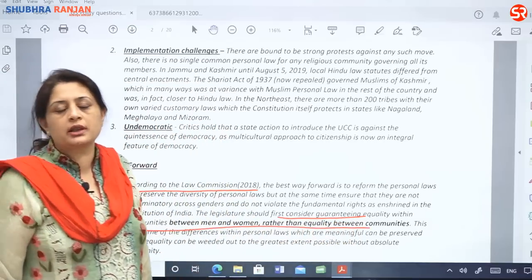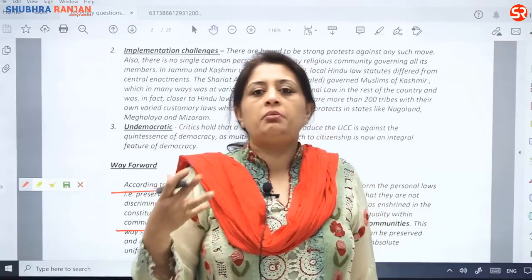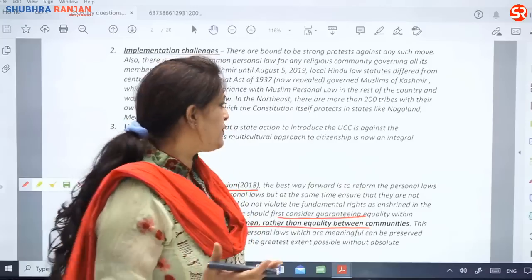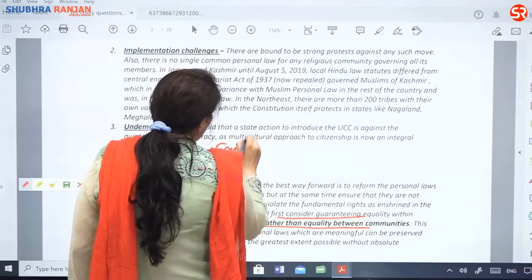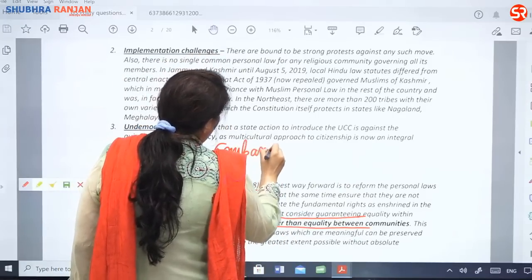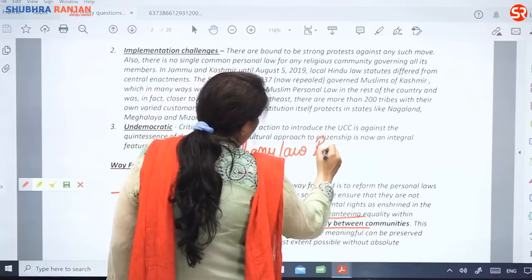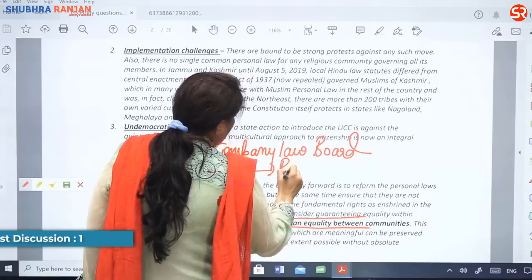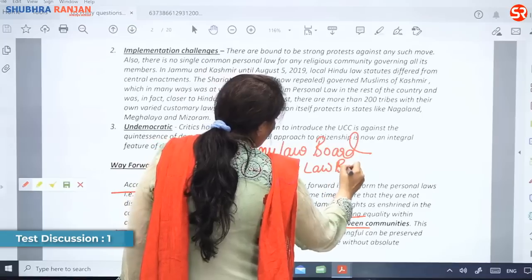There is also one suggestion that, like the company law board, there can be a personal law board to advise the government. If you want, you can also write that.